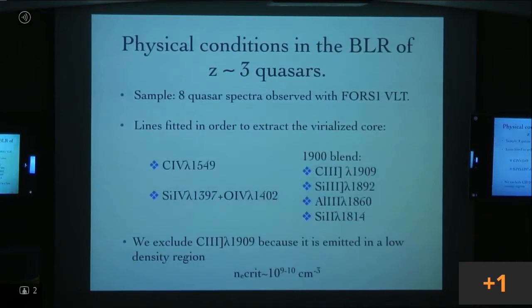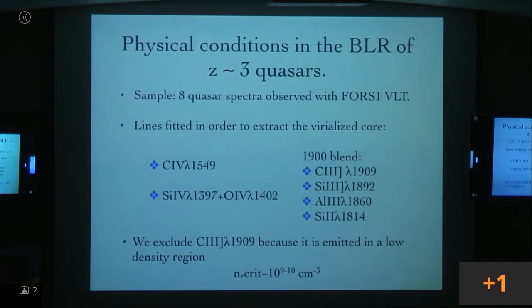Our sample spectra are 8 quasars observed with the VLT. We fitted these lines in the UV spectrum: carbon 4, the blend silicon 4 plus oxygen 4, and the 1900 blend, carbon 3, silicon 3, aluminum 3, and silicon 2.